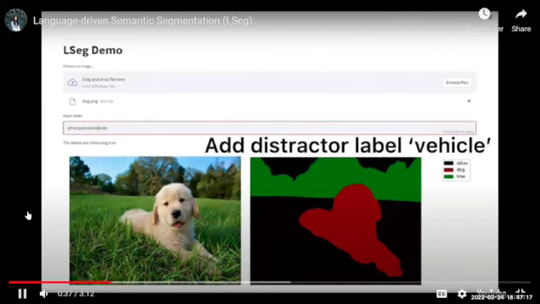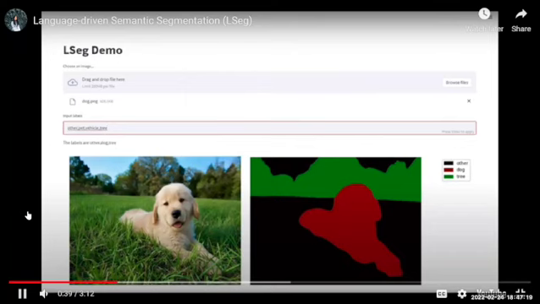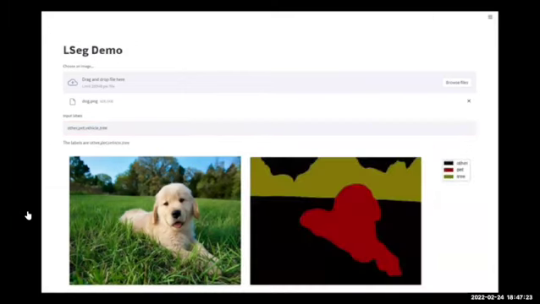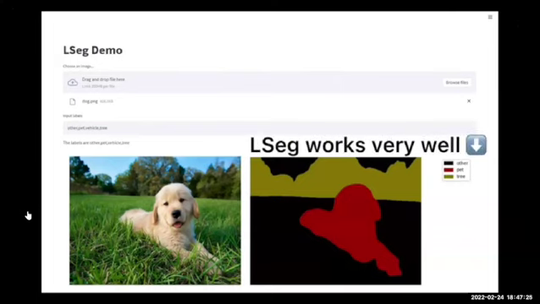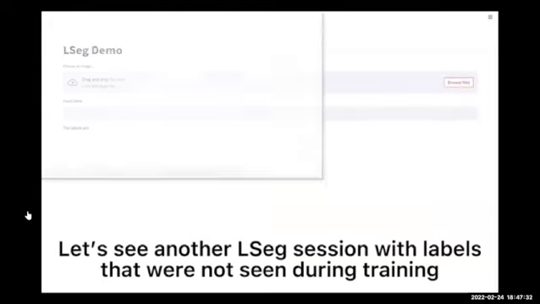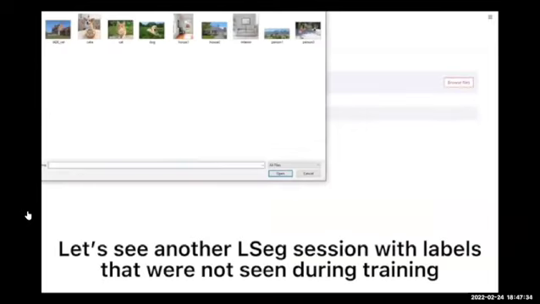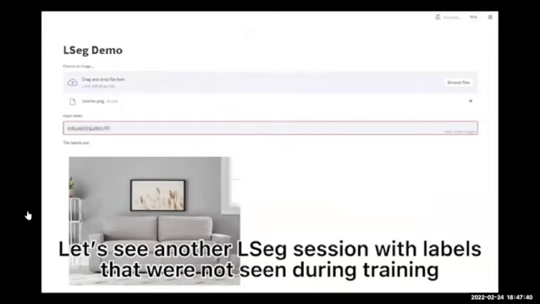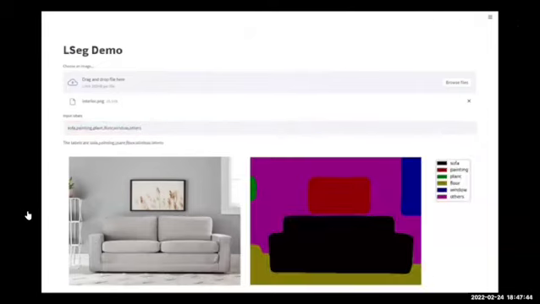And they replace labels and show. So this is an example of zero-shot, right? So you don't have the label during training.